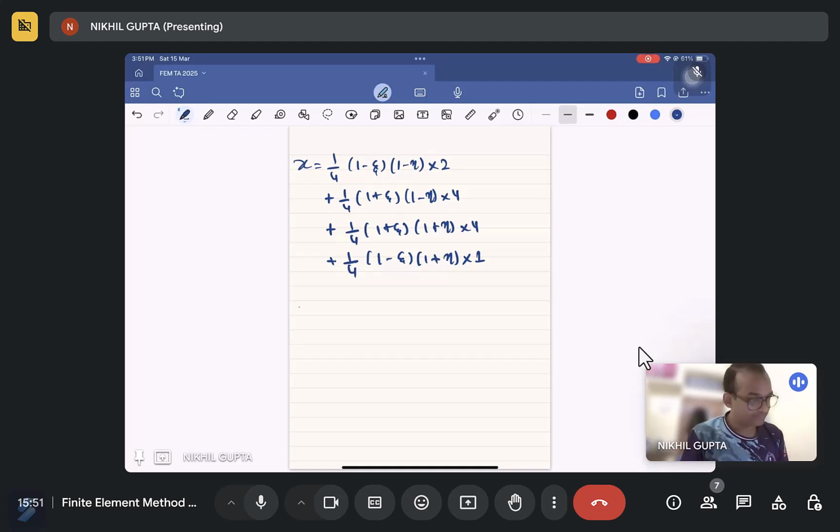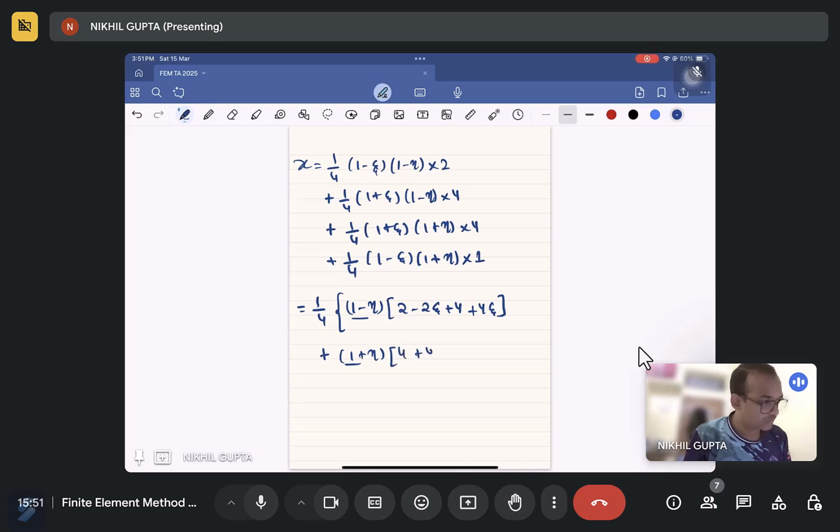Let's solve this. So we take 1 by 4 common out, and 1 minus eta, then it will come out to be 2 minus 2 xi plus 4 plus 4 xi. Now it will be plus of 1 plus eta, so we have taken out common 1 plus eta, and it will come out to be 4 plus 4 xi plus 1 minus xi, whole curly bracket.